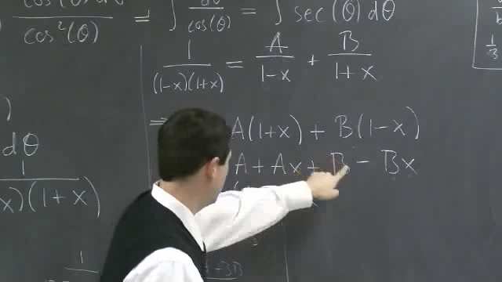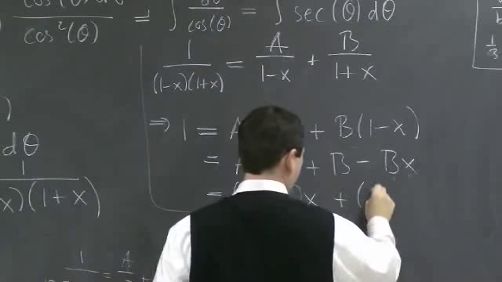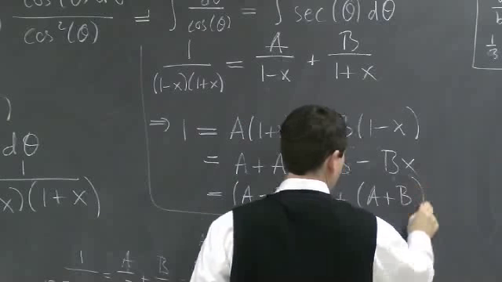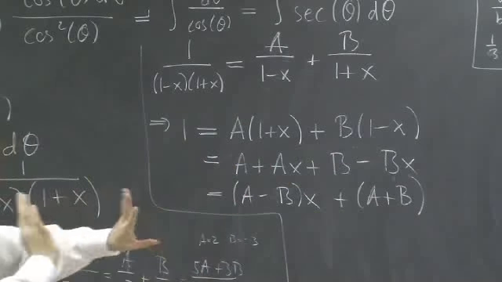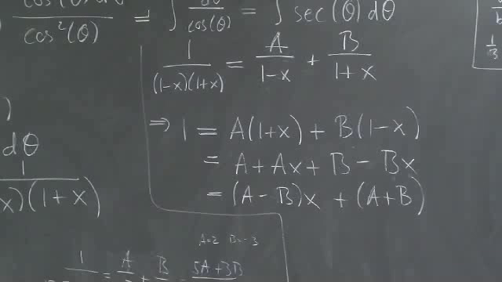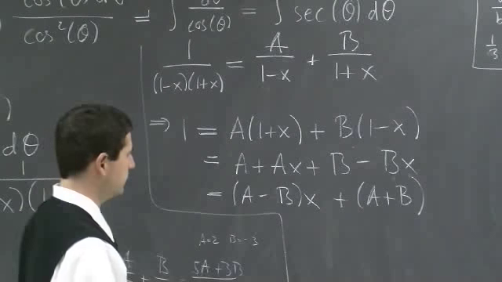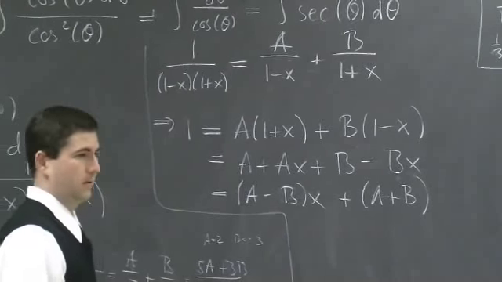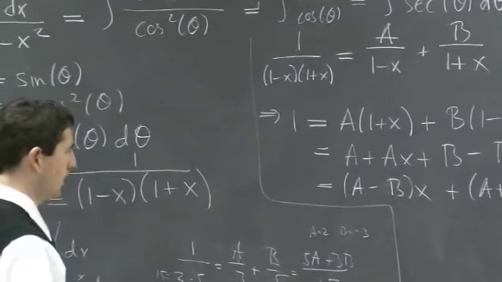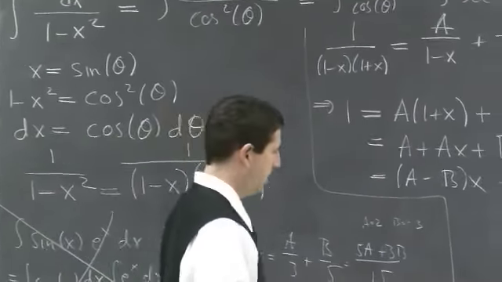And then I have an A and a B. So I don't really need parentheses there. I just want to make sure you can see these two different terms. Okay. So what can you tell me about A and B?